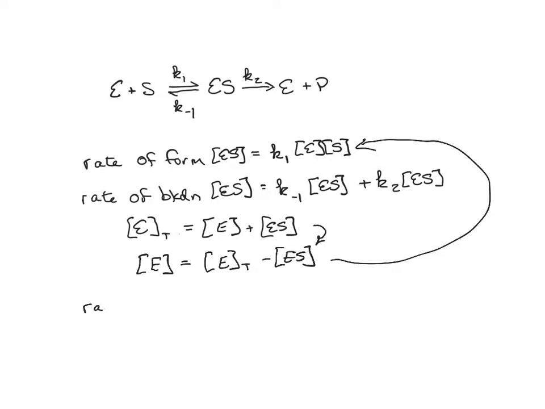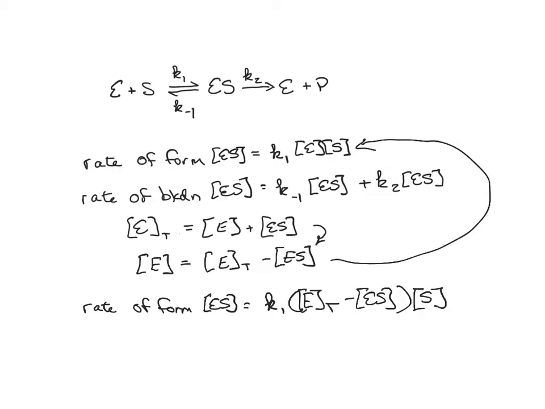So the rate of formation of the enzyme substrate complex is K1 times the quantity E total minus ES times the concentration of substrate.